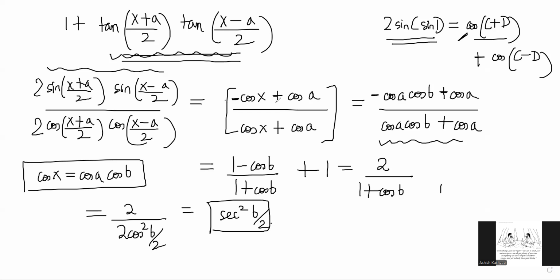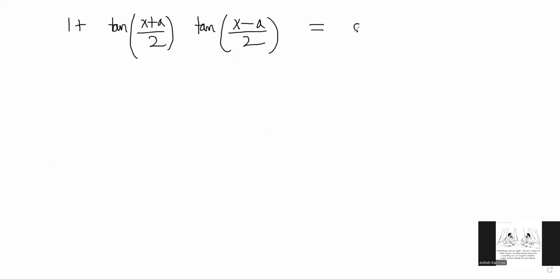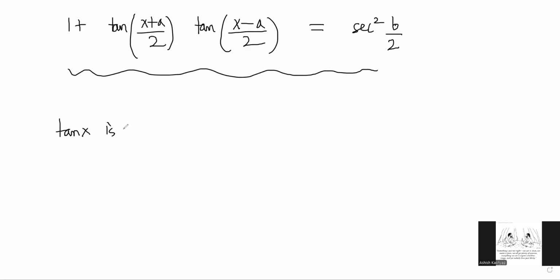The reason it is mentioned is because if you look at this expression, the question is asking us to prove something about this, right? Tan x plus a by 2 and tan x minus a by 2, correct? Yes sir. The question is asking us to prove this, but you should realize that tan function is not defined when x is equal to odd multiple of pi by 2.